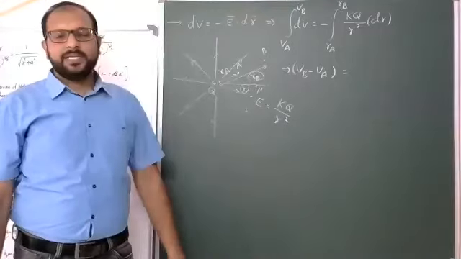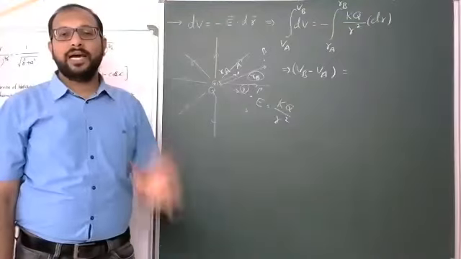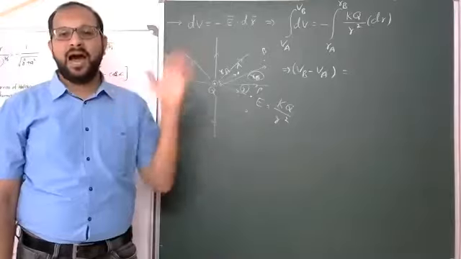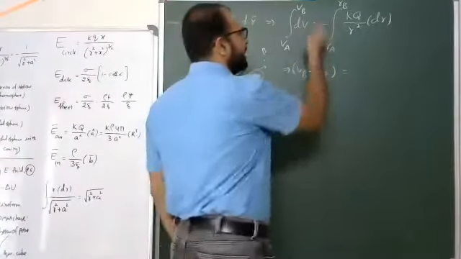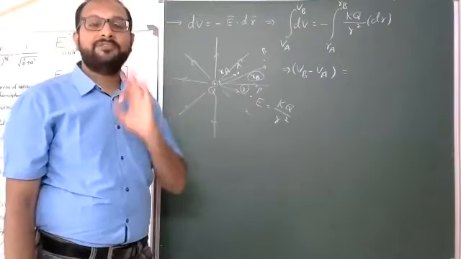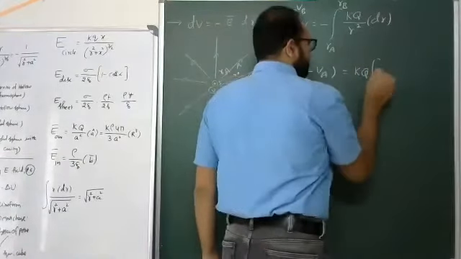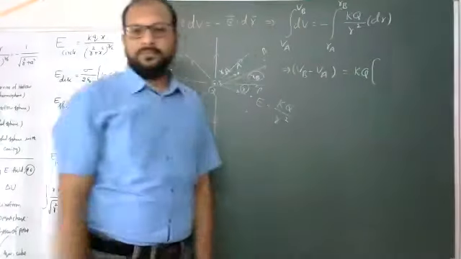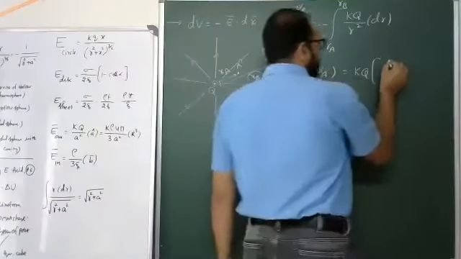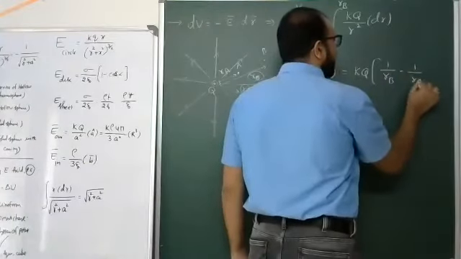Students, we know integral dr by r square, that is r to the power of minus 2 into dr, which is r to the power of minus 2 plus 1 by minus 2 plus 1, that is directly minus 1 by r. Already minus is there, minus minus cancel, so KQ into 1 by r after integration, with upper limit RB and lower limit RA. So 1 by RB minus 1 by RA.